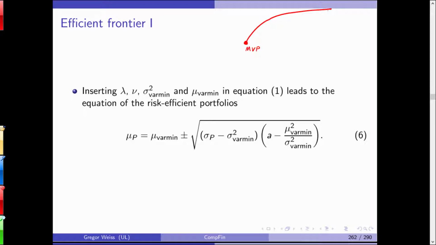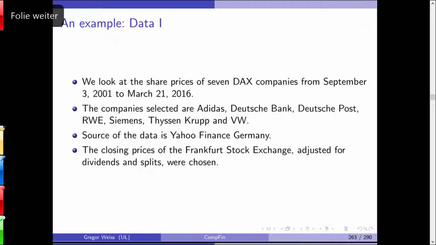That is, you get the equation that yields all those portfolios on the efficient frontier. Later on we'll use this simply to plot and highlight all those efficient portfolios. So, from Markowitz theory, we have the definition for the minimum variance portfolio and the equation that gives you all risk-efficient portfolios in the efficient frontier.